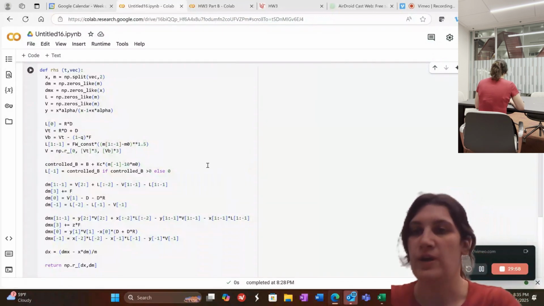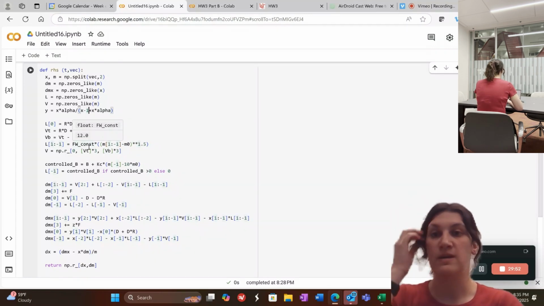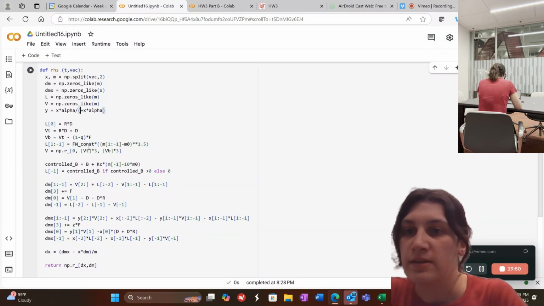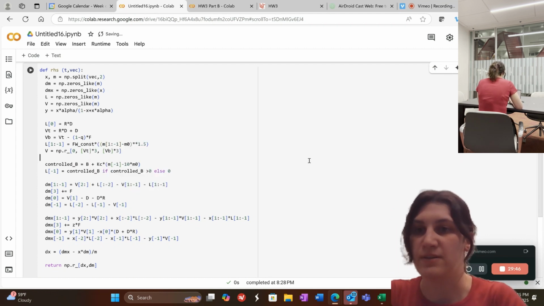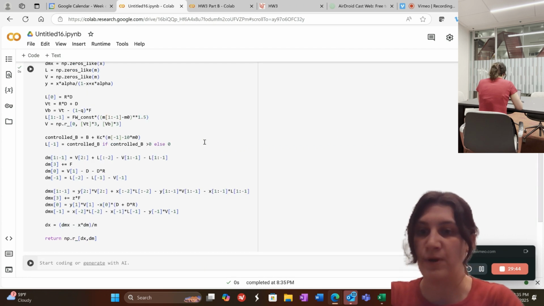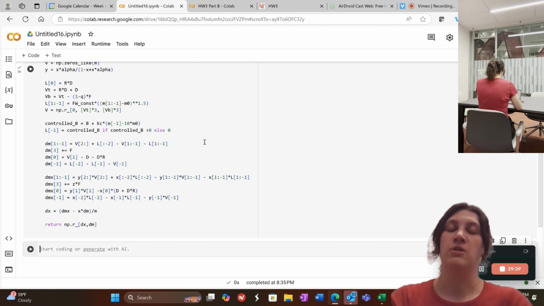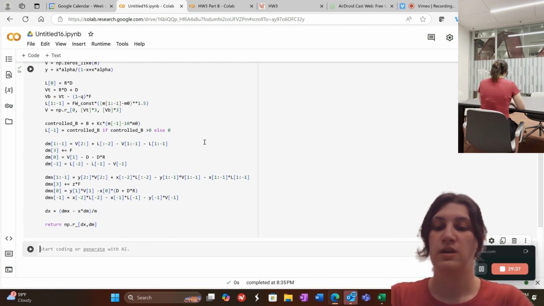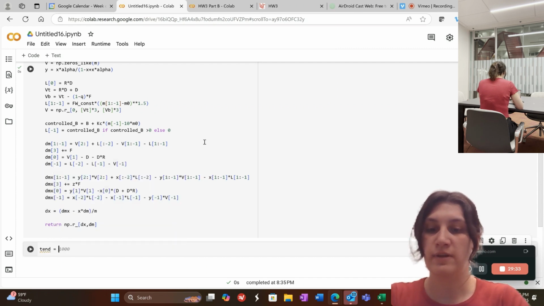Looking over this code, I did spot one small mistake before we move on to our solve IVP and plotting. This here should be 1 minus x, not x minus 1. I'll make sure we get that right. But now that we have that, we can go use our solve IVP function. As usual, we do need to establish a tn. In order to do this, we said we wanted to do this for 500 seconds.